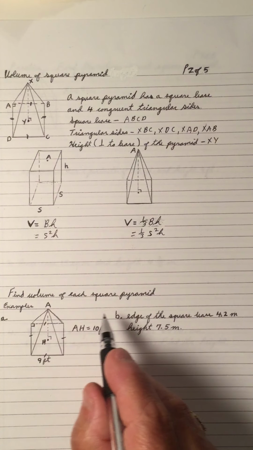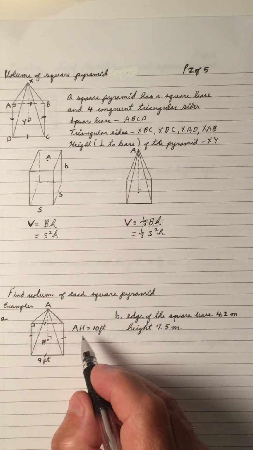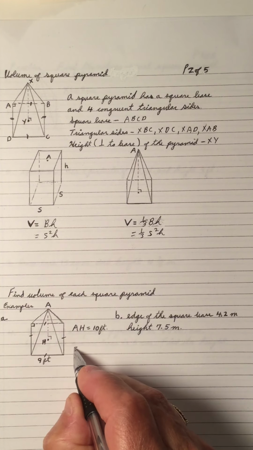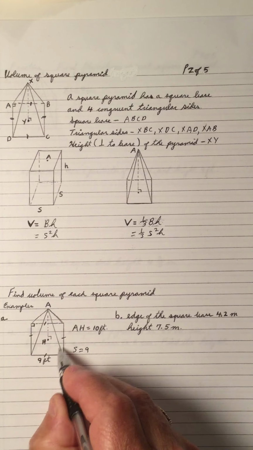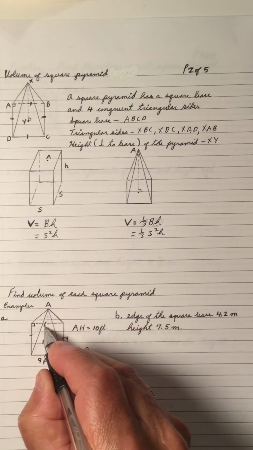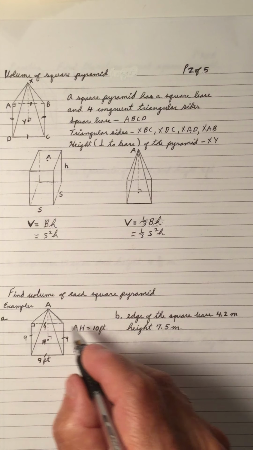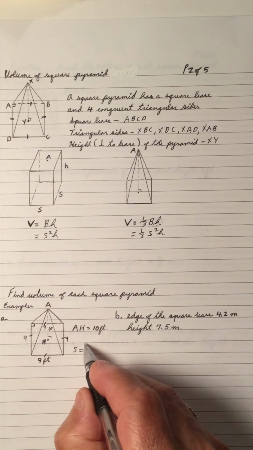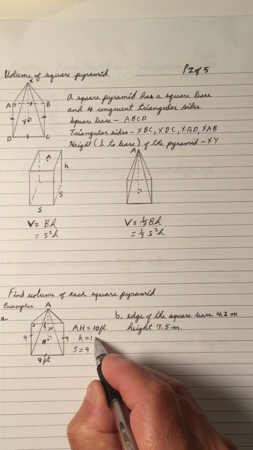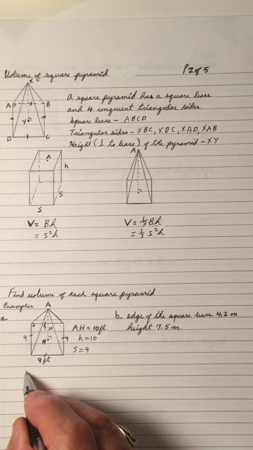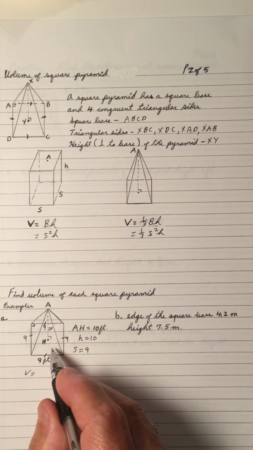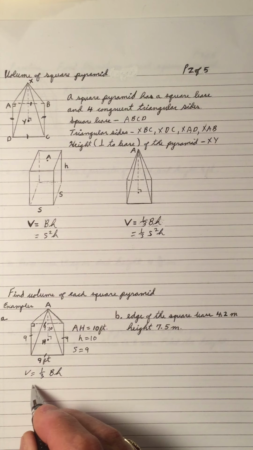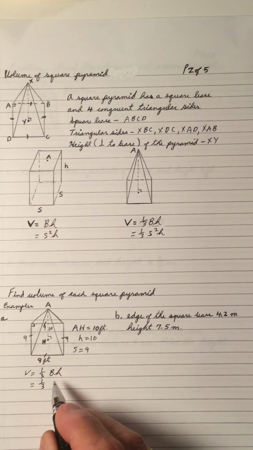Let's find the volume of some of these square pyramids. So here we have a pyramid, and the base edge S is 9, so that's 9, 9, 9, 9. We have AH is 10 feet, so that's the height of 10. So the volume of a square pyramid is 1/3 base area times height. I keep writing this formula down to remind me.